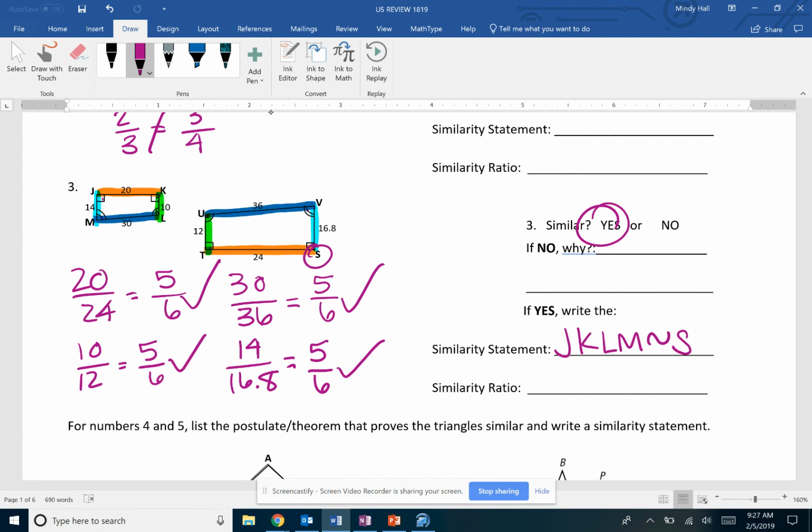K is the green orange, so it's going to be a T. L is dark blue and green, so we have U and V. So JKLM is similar to STUV, and our similarity ratio is just the number 5 over 6. You don't have to put like JK over ST equals this over that. You can just give me the number for the similarity ratio.